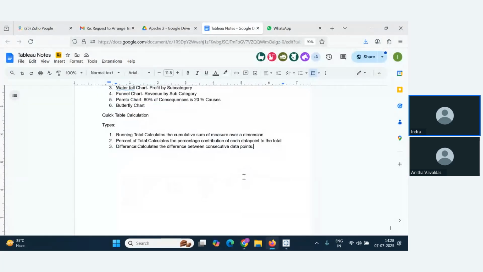Anna Sahib, let's say you are having sales in different regions. Let me show you here. Let's say there are 4 regions: north, south, east, and the last is west region.